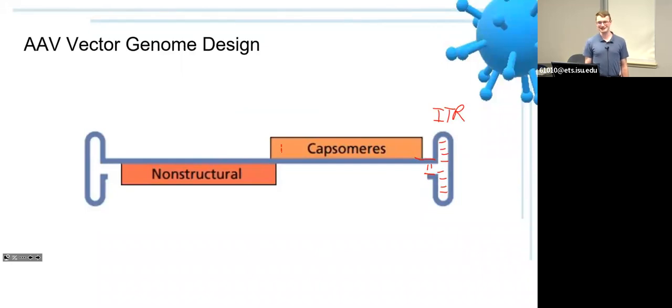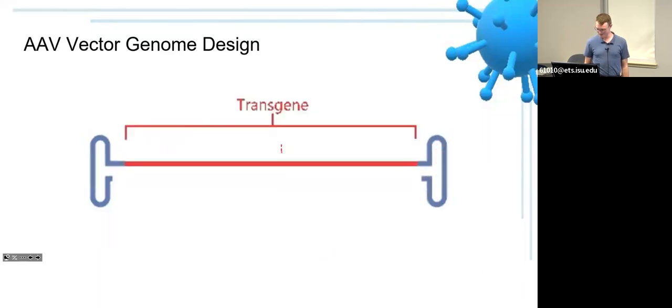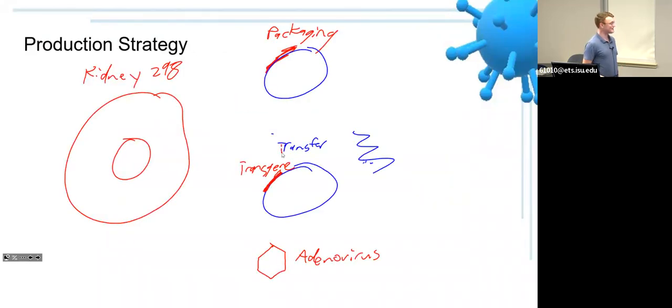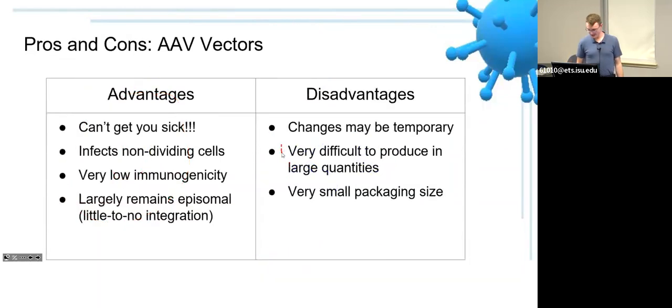So we kind of lost its major advantage by building the vector, but it's the sacrifice we have to make in order to not make it only carry 2 kilobases of gene. So it largely remains episomal, though it does retain some ability, like 1 in 1,000 can glue into your gene.